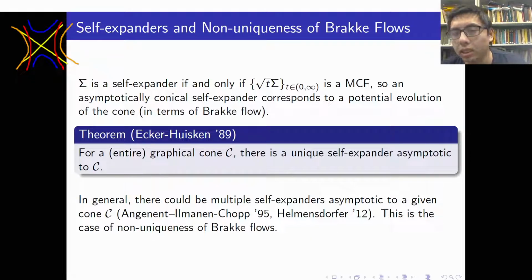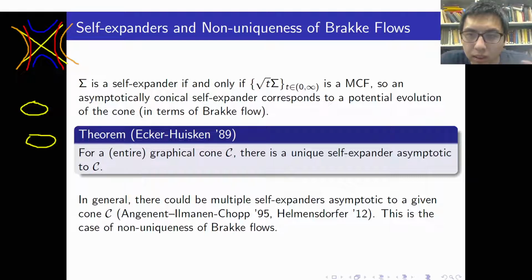If you're familiar with minimal surfaces, it should be compared to the case of minimal surfaces. If you remember, for minimal surfaces, there was this problem of determining the minimal surfaces spanning a pair of parallel disks, or a pair of parallel circles. If the distance between the two circles is sufficiently small, then you actually get three solutions, right?